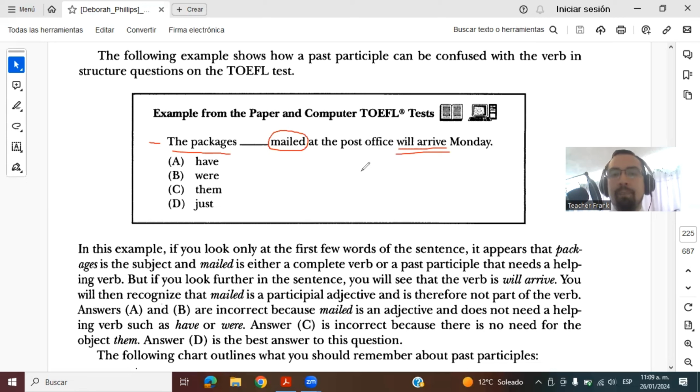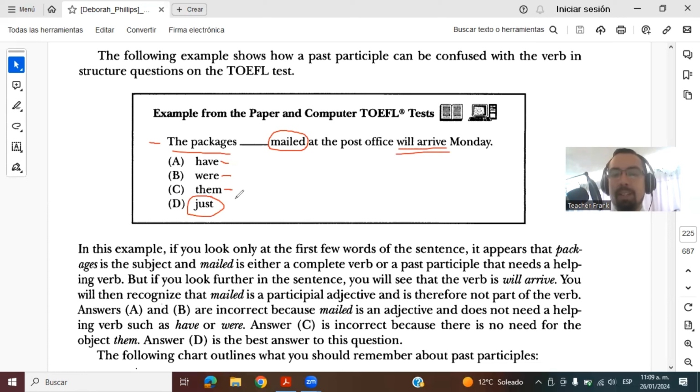They're things. So we're not going to need any type of the verb have or be. So we don't use have or were. It's not necessary to use, in this case, an object pronoun, right? Or any type of pronoun. We already have a subject. So in this case, the best option is going to be the adverb, right?